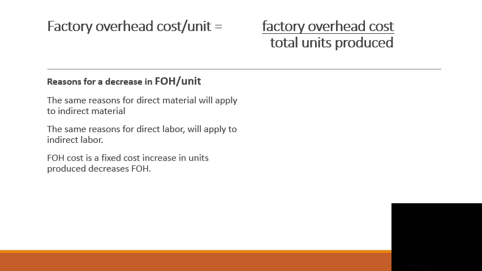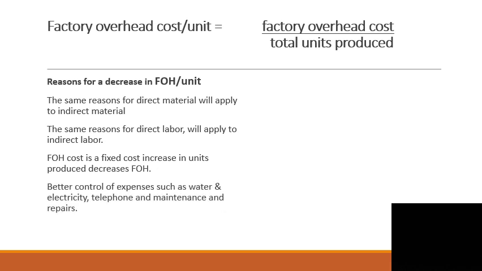A fixed overhead cost is a fixed cost. An increase in units produced will decrease fixed overhead cost per unit. This is because of the nature of the fixed overhead costs. They are fixed in nature. Even as production increases, the cost per unit will decrease.